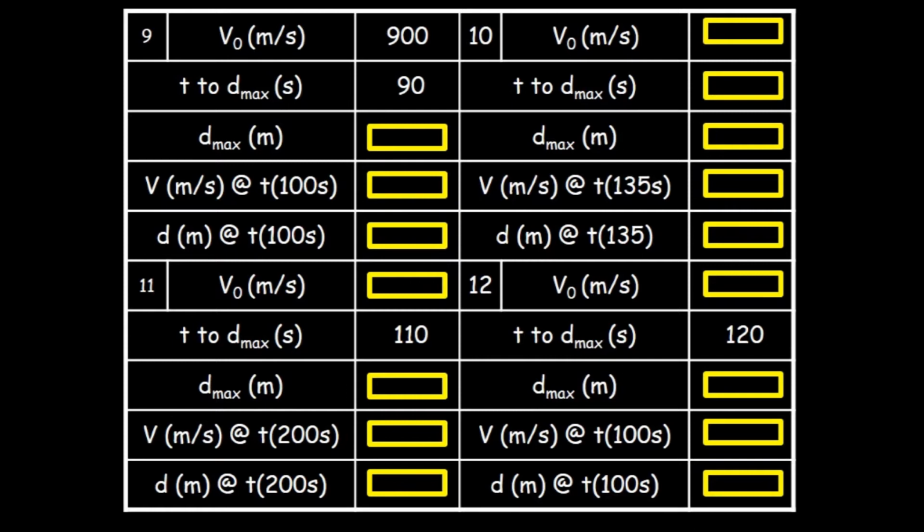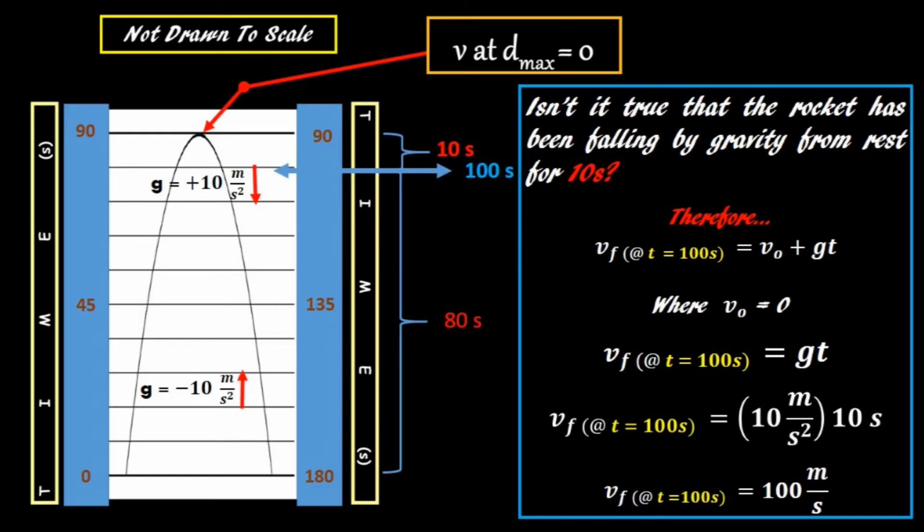Now, I'm looking ahead, and what I did was the velocity at 100 seconds. If it takes 90 seconds to get to the top, it'll be 100 meters per second. There's the math. That will be the final velocity at t equals 100 seconds.